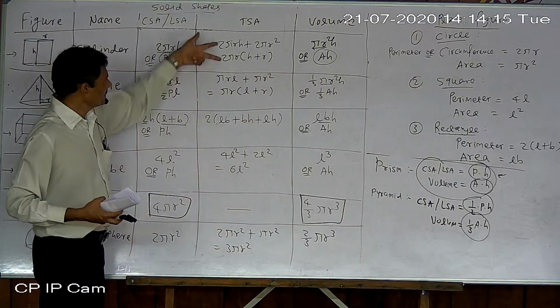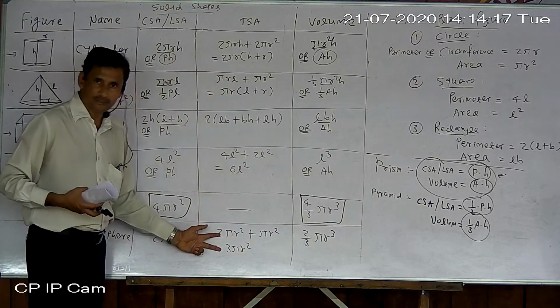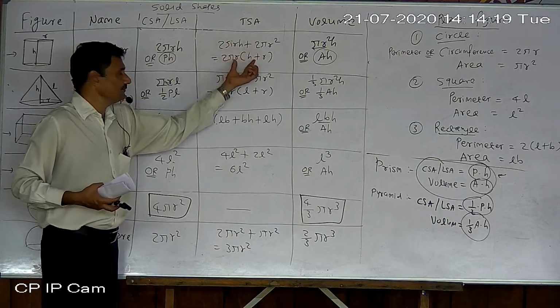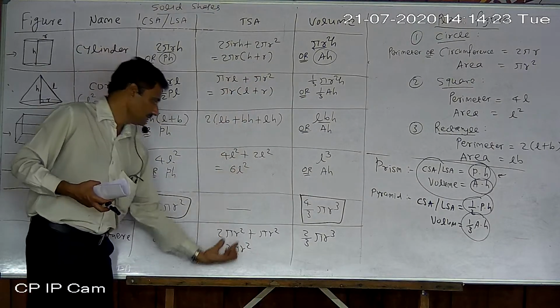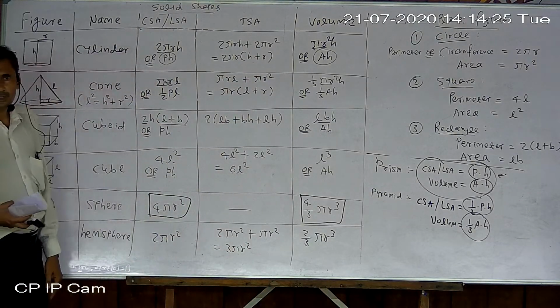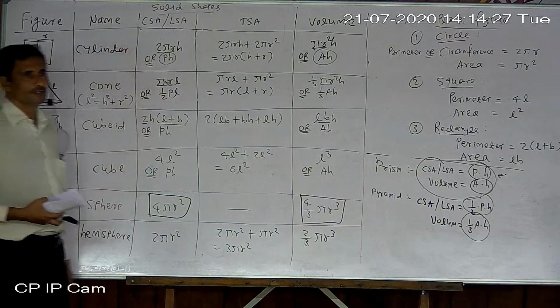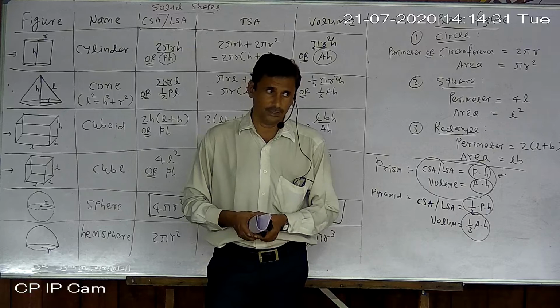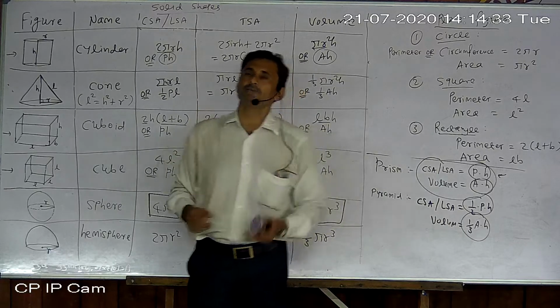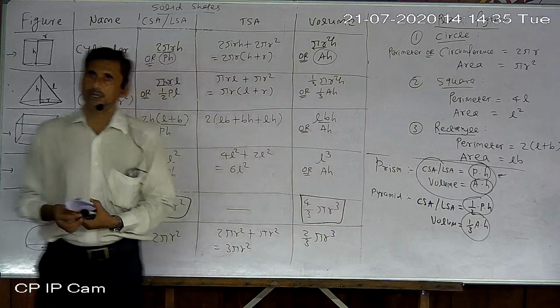These 2 are not different, they are just simplified. 2 terms are combined, taken common, here also taken common. So whenever or is written, at that time you have to remember both. So that you can apply them whenever needed.